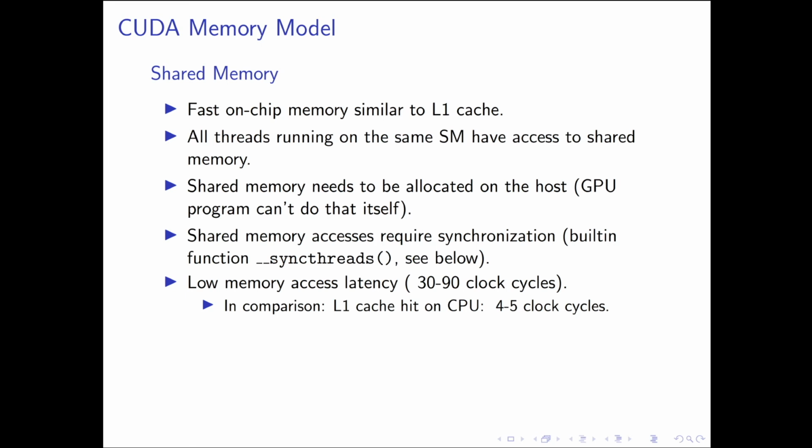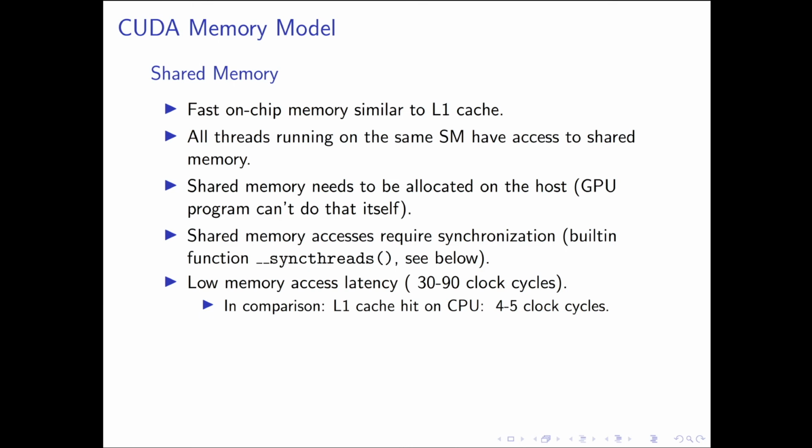The memory access latency of shared memory is relatively low, on the order of 30 to 90 clock cycles, depending on the GPU architecture that you're currently using. This is pretty fast, and it is also the order of memory access latency for L1 on GPUs.